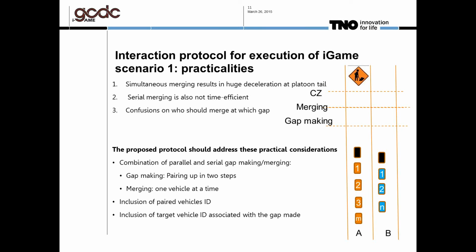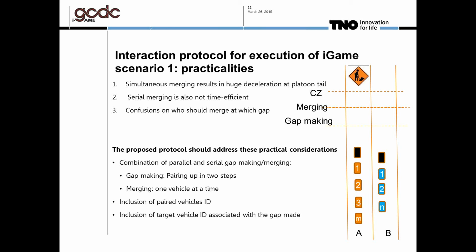Serial merging, one vehicle at a time, is not time efficient either, so that's not a solution. And there are uncertainties about which car should merge where. So these are the three minimum requirements that the proposed protocol should address, and that was the guideline for us to come up with our protocol.